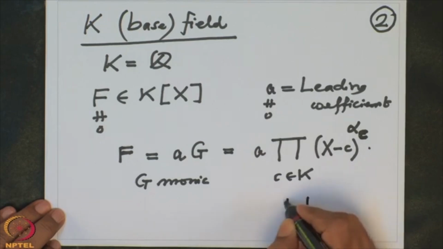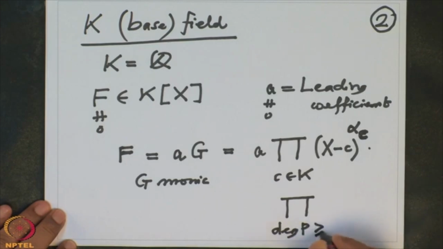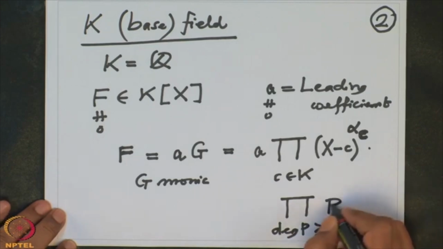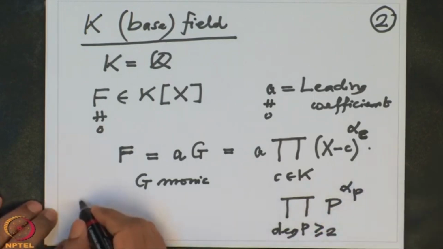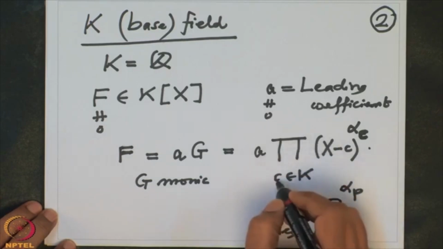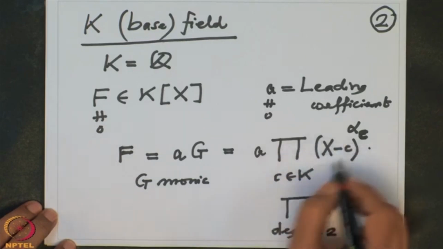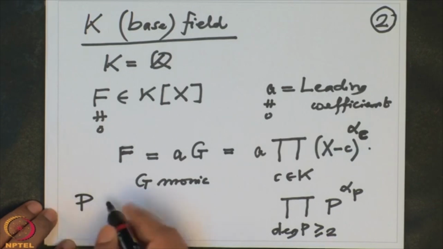This is times the product over p of degree bigger than or equal to 2 of p power alpha p, where only finitely many factors occur here. This product is finite, that is, only finitely many linear factors are there. These alpha are the multiplicities. Similarly, these p are prime polynomials.